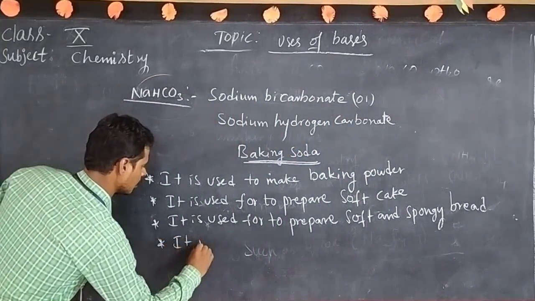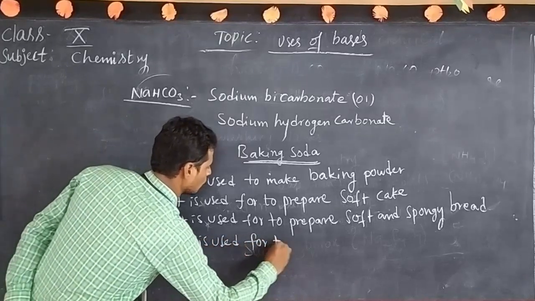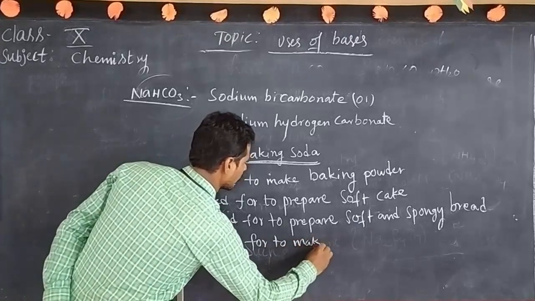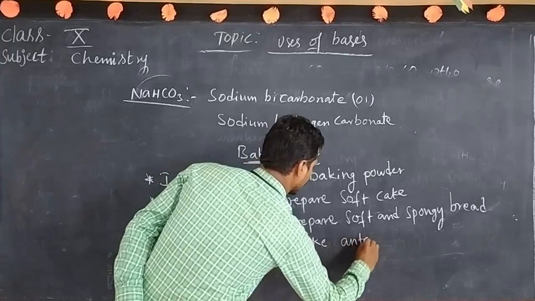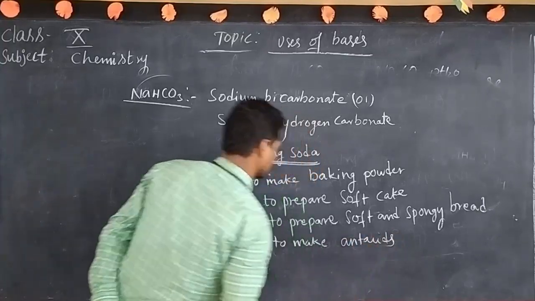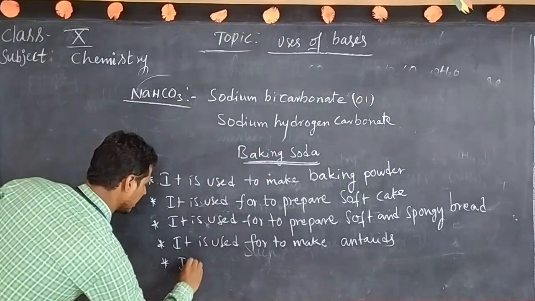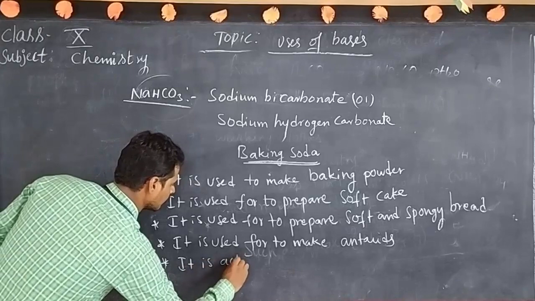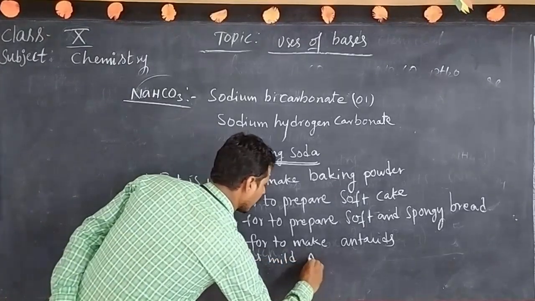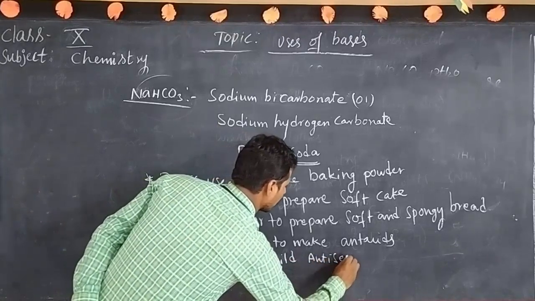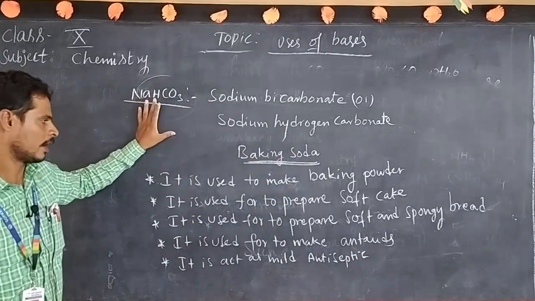It is used to make antacids. It acts as a mild antiseptic. These are all uses of baking soda.